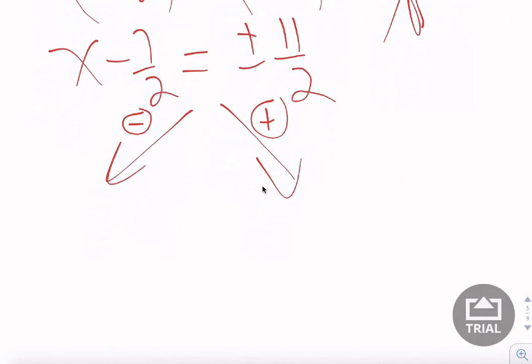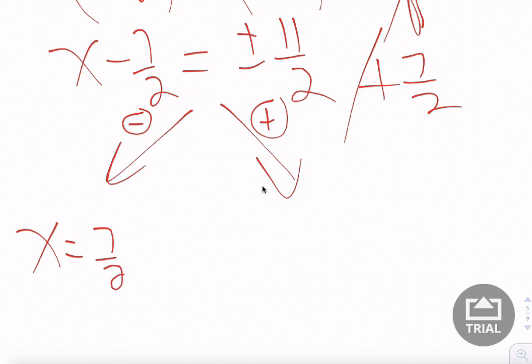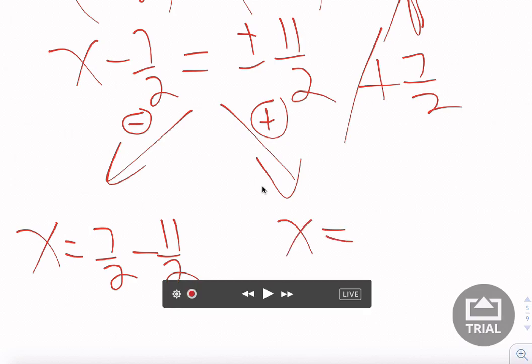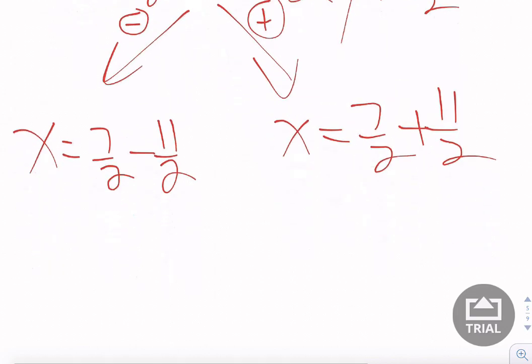So for the negative one, first of all, I add 7 over 2 to both sides. So x is going to equal, sorry folks, 7 over 2 minus 11 over 2. The other side is going to be x equals 7 over 2 plus 11 over 2.